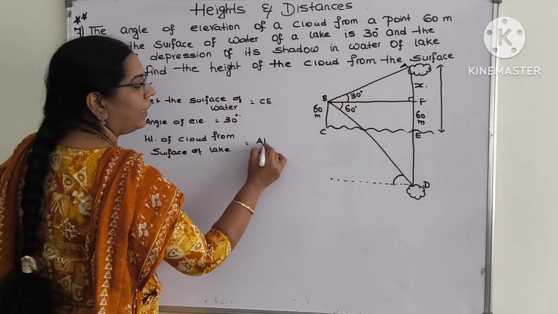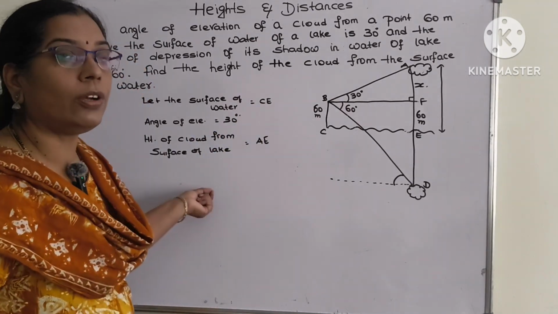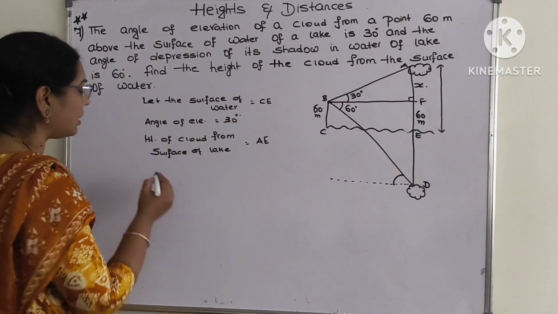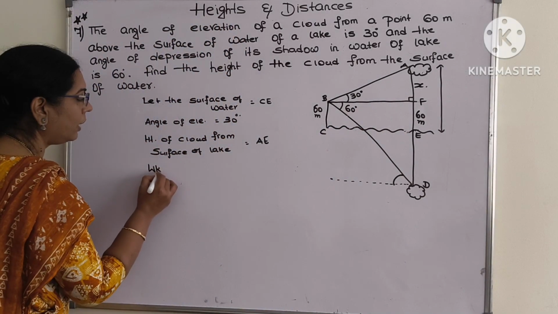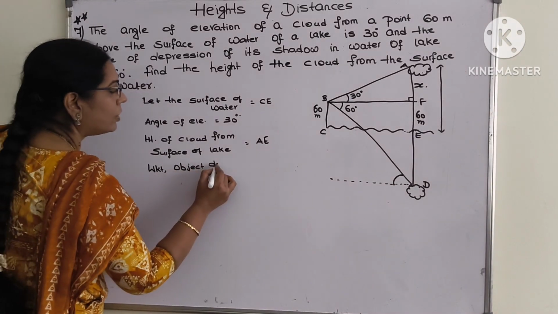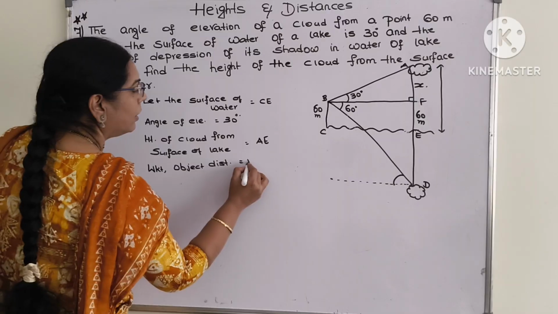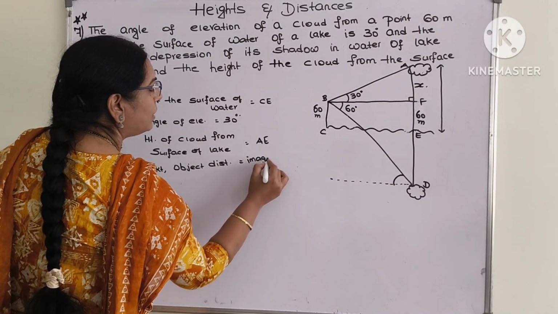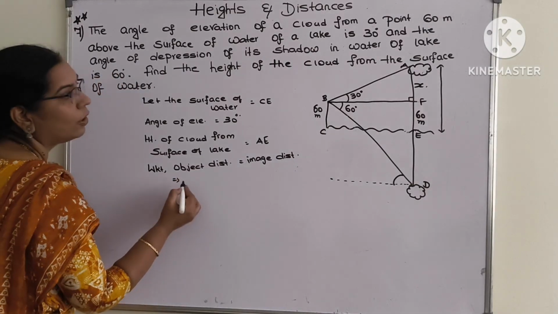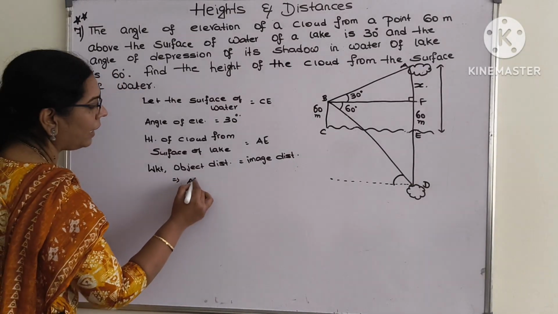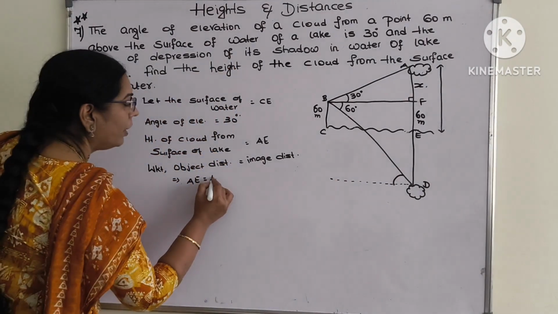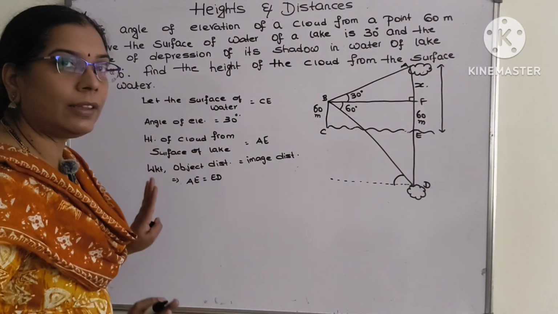It is AE. Now you have to make the point, object distance is equal to image distance. Then you say, we know that object distance is equal to image distance, which implies, what is the object distance? AE is the same as image distance ED. Let us make this point very clear in the beginning only.